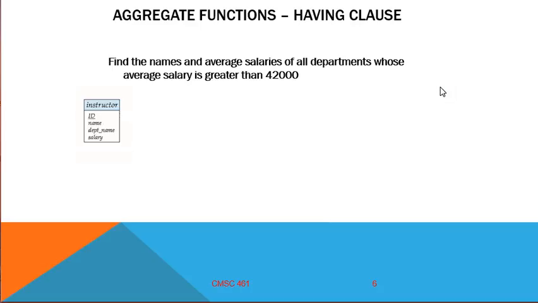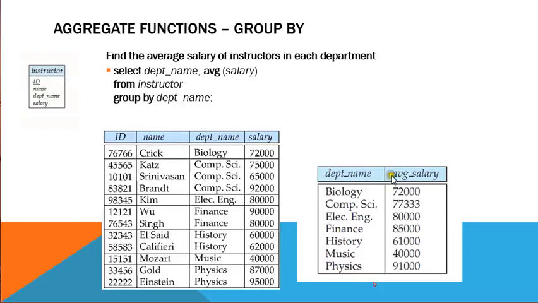Sometimes we need to do a select on an aggregated value done by an aggregate function. So in other words, we don't want to find all of the departments here in our list. We only want to find certain ones.